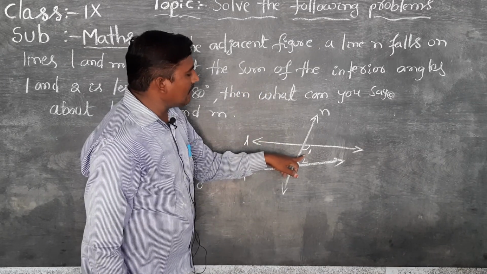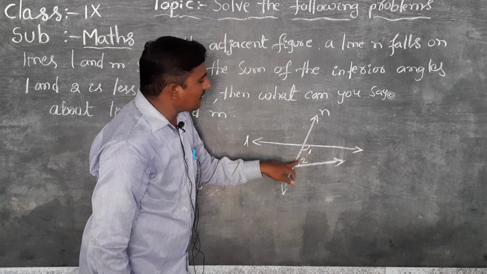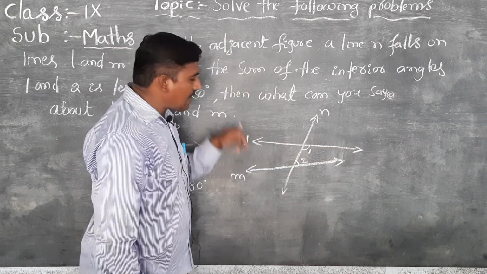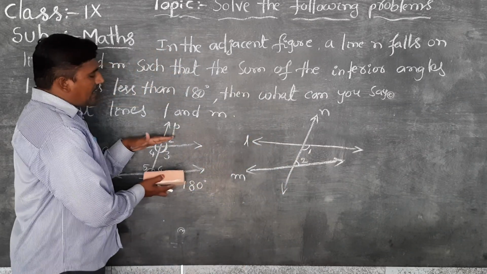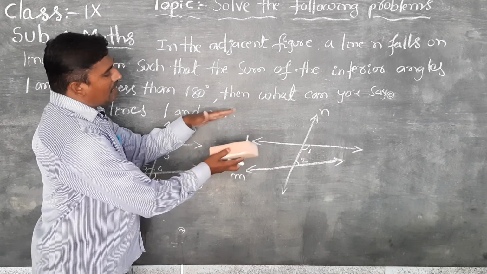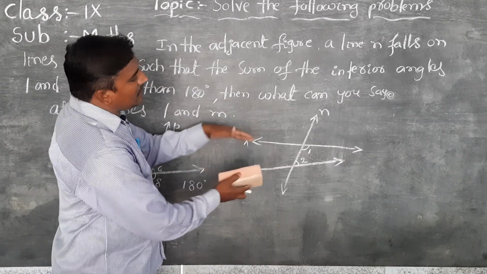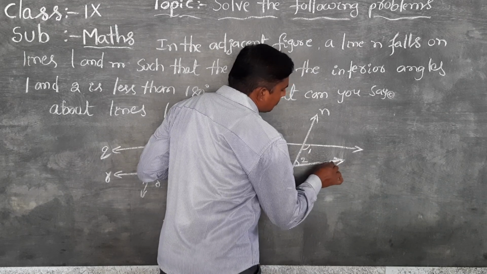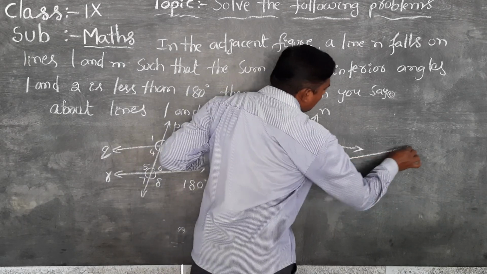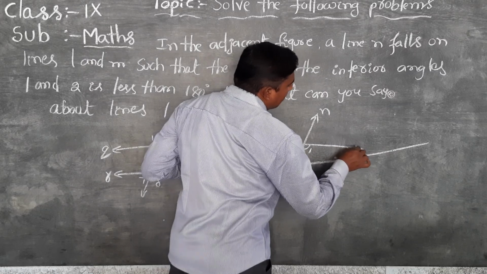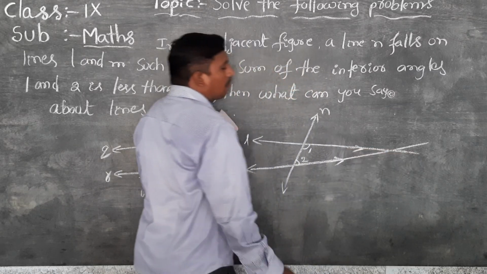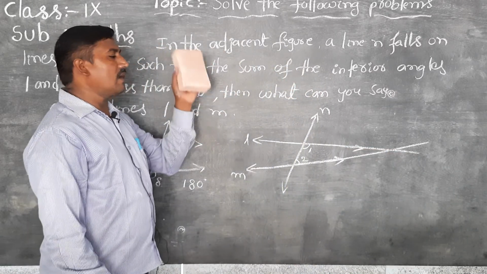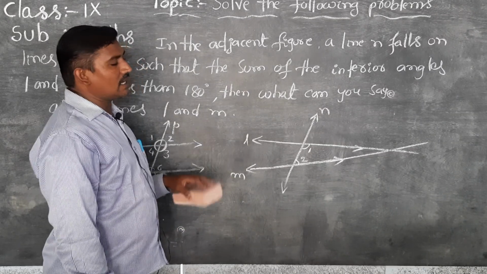But here what they are saying? These two angles added are less than 180. Here 180 means the two lines go on and on, not intersecting, but with less than 180, after some time, both are intersecting somewhere.